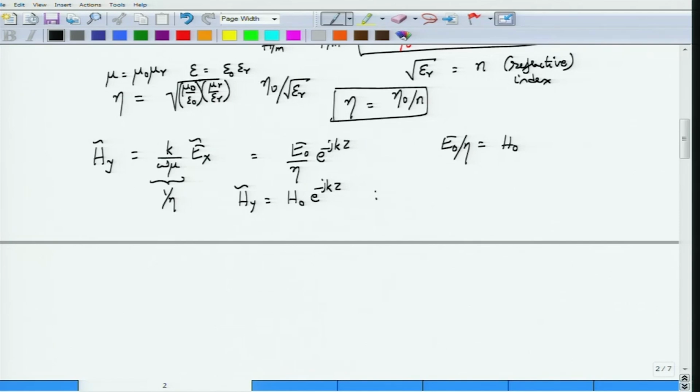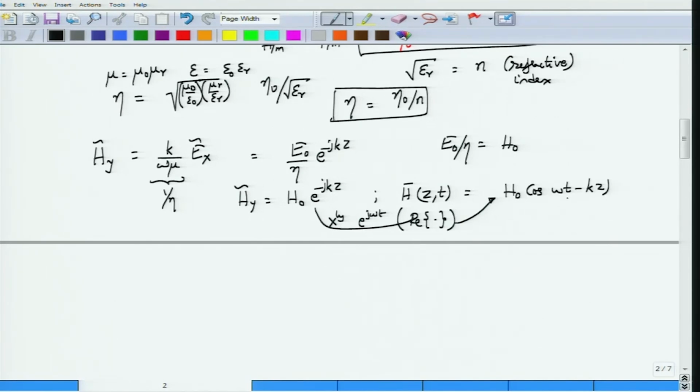As before, you are interested in finding the actual field as a function of z as well as time. To do that, you need to multiply this phasor by e to the power j omega t and then take the real part of it, to obtain H0 cos(omega t minus kz).